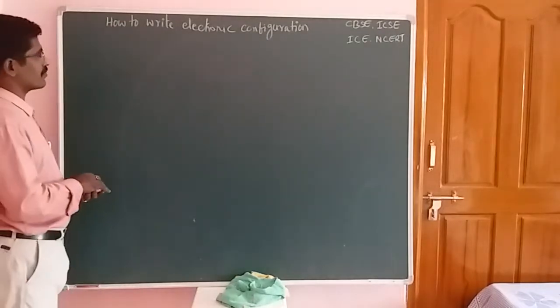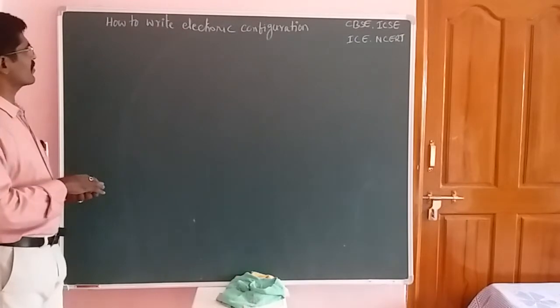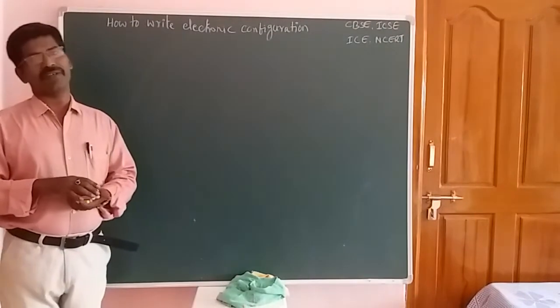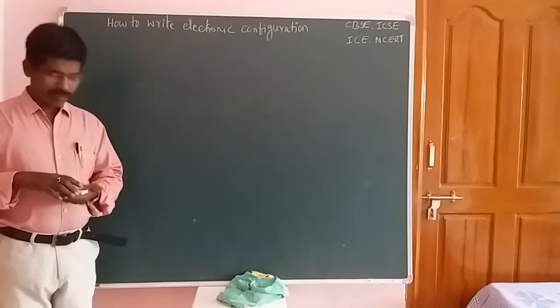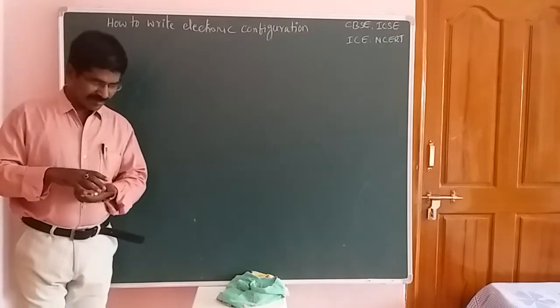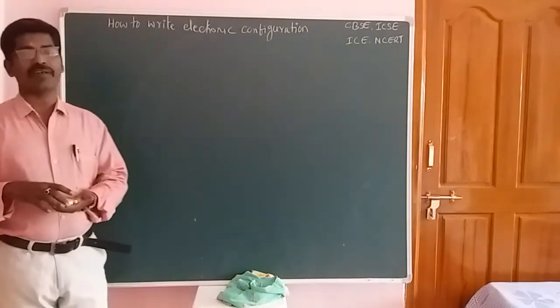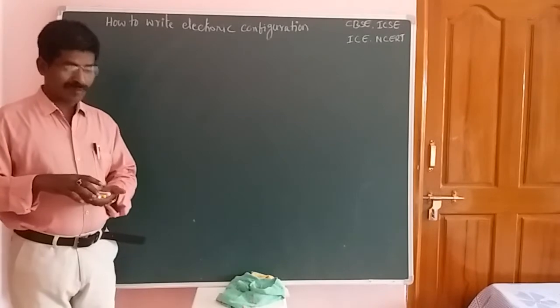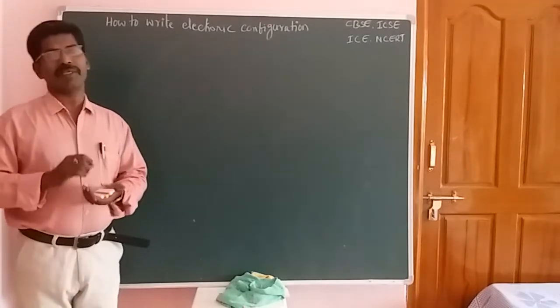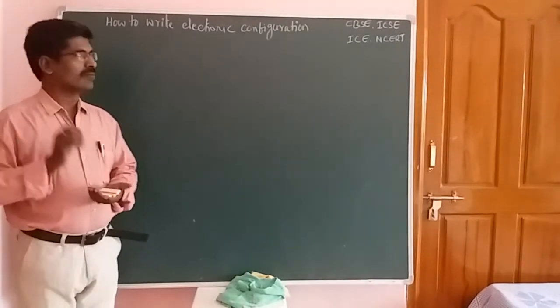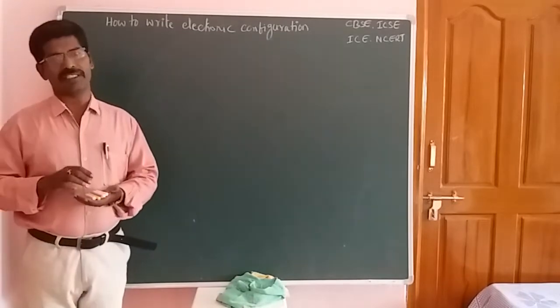First of all, I would like to explain how to write the electronic configuration. Already we know it is a very important concept in atomic structure, which depends upon the quantum numbers, and the important thing is the Aufbau principle.